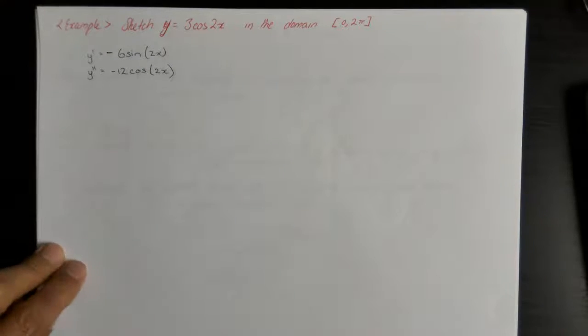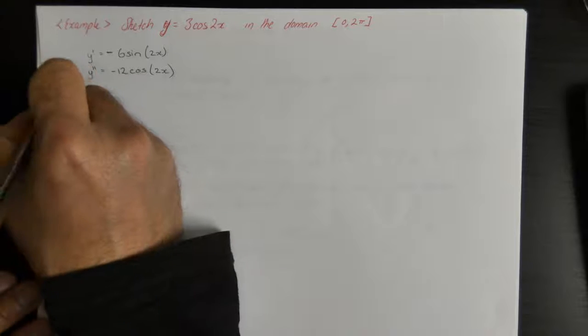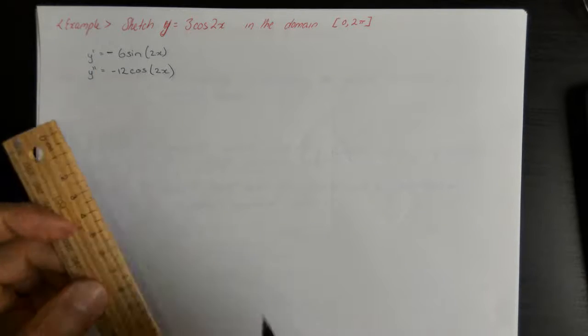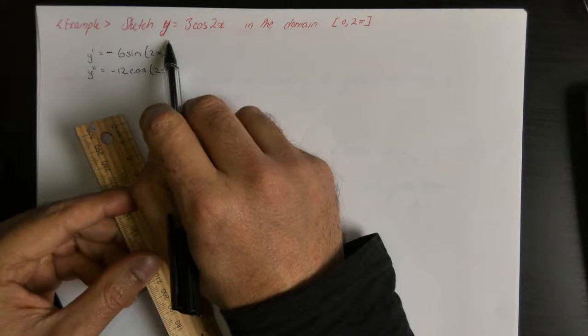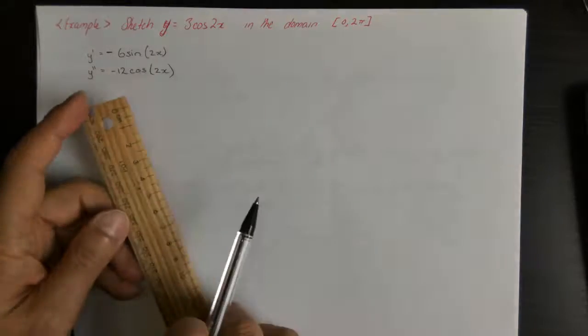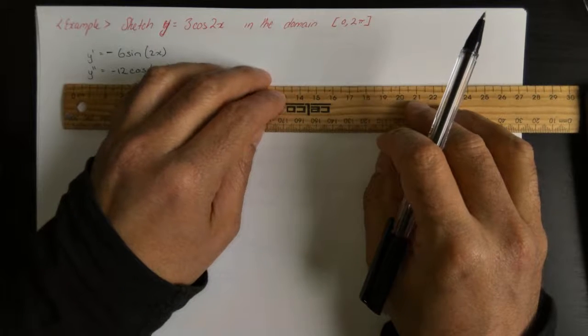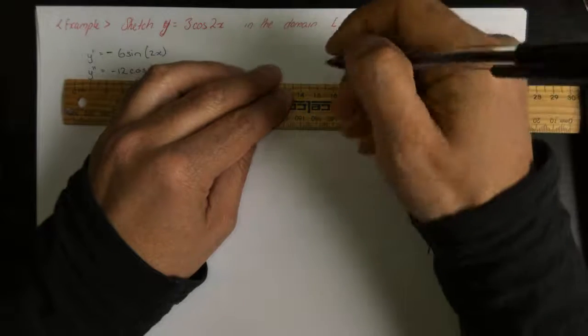Okay, so to find stationary points, while we're here, what I will do is use our old techniques on transformations of trigonometric functions.